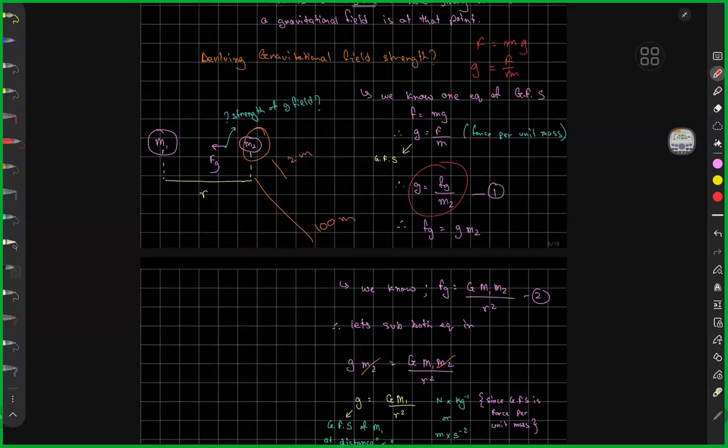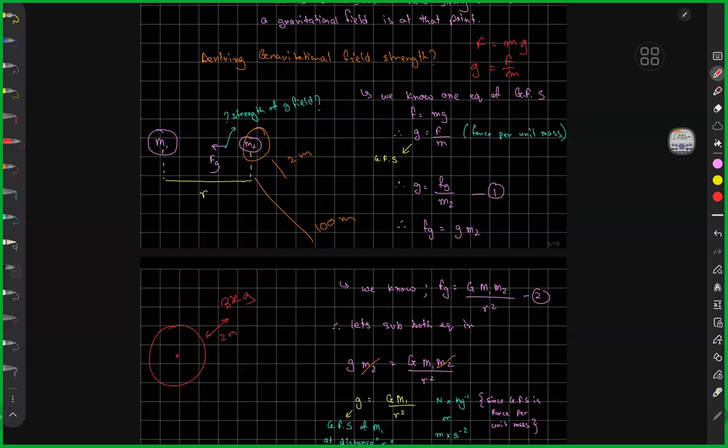The gravitational field strength is given by the total force on, let's say, a 3 kg object divided by the mass itself, which is 3 kg. So if I know the force on a 3 kg object, which is, let's say, 2 meters away, I can easily find out the gravitational field strength 2 meters away from Earth.